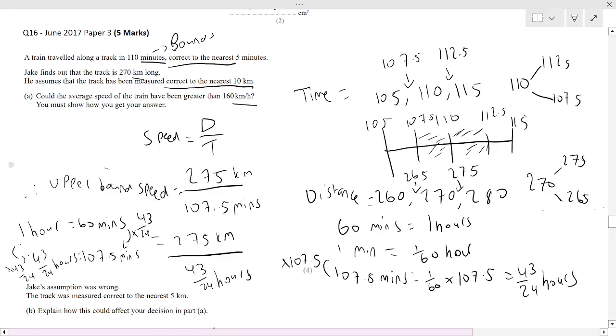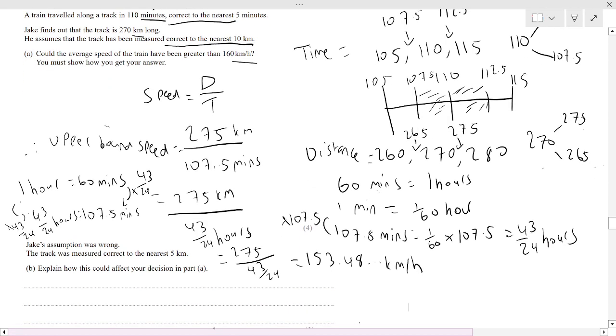So what we're doing for our speed is 275 over 43 over 24. So 275 divided by the fraction 43 over 24 will get you this number here, 153.48 something kilometers per hour. So that's our max, that's our upper bound. Now, this is our maximum speed, if you will. That is less than 160.